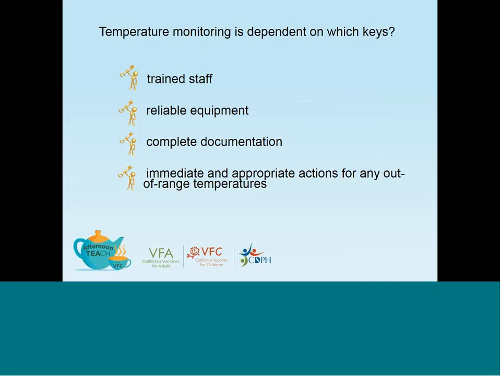Trained staff, reliable equipment, complete documentation, or immediate and appropriate actions for any out-of-range temperatures. So the polling question is up, and you have approximately 15 seconds to complete this first polling question.